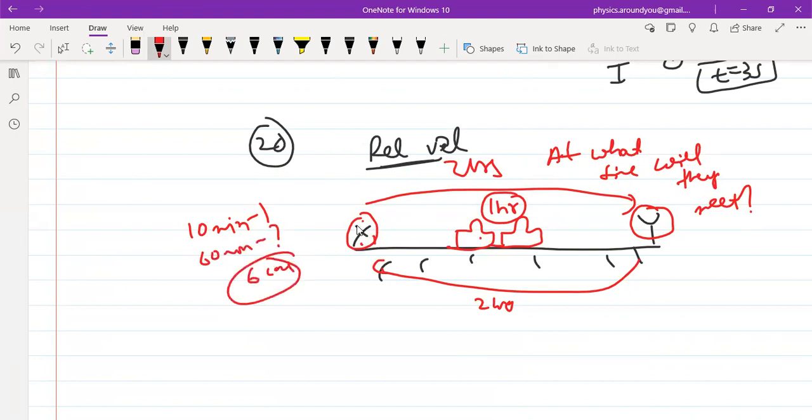Six cars have already been behind this car, and six cars are behind that car. So how many more cars will this meet? This will meet six. That will meet six. Because already it was there.